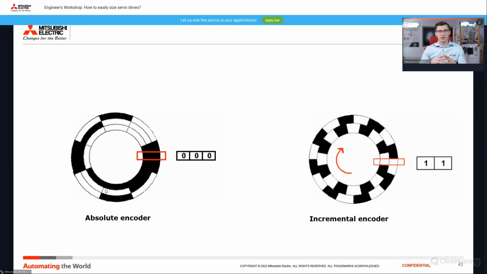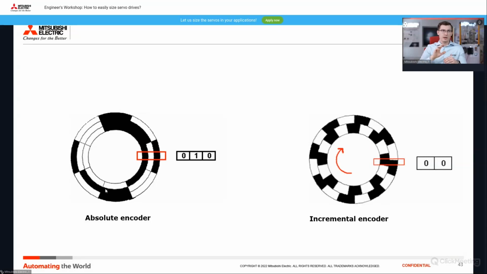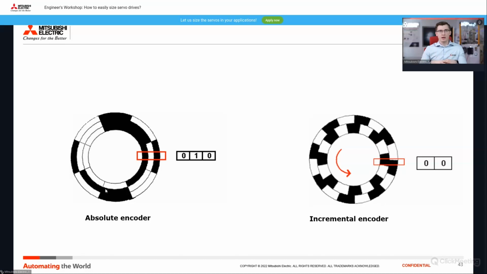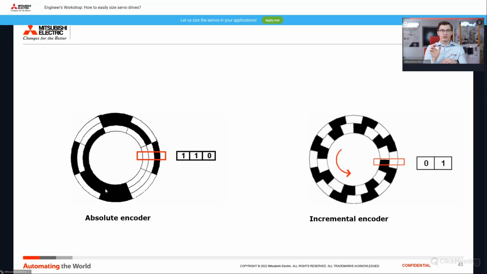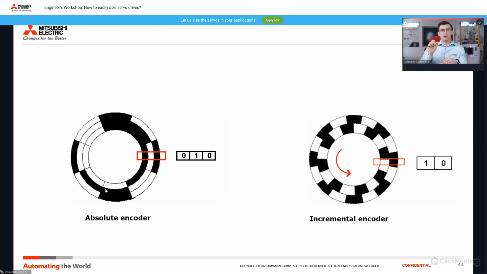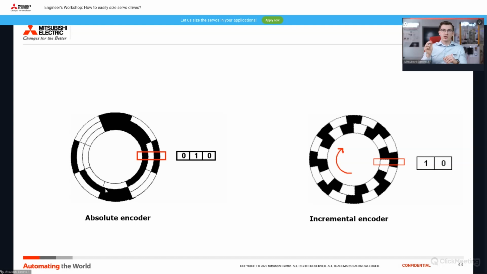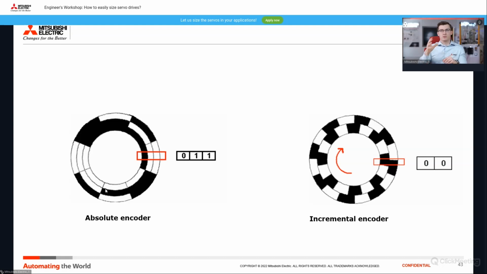The difference between absolute and incremental is that with absolute, you can read the exact position at every point. Exact position means absolute position, and in the incremental encoder, you are counting the increments, the pulses, from the zero. You have to find the zero, and then count the increments from this zero.